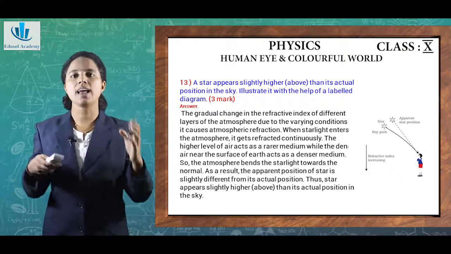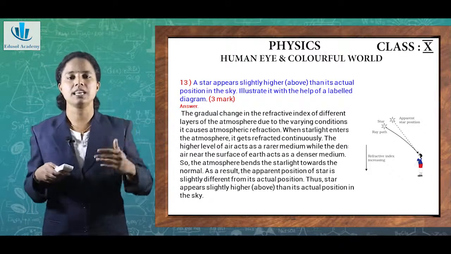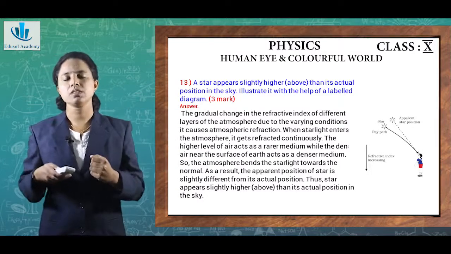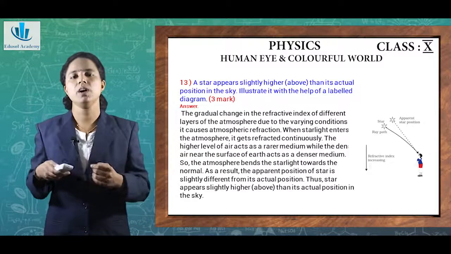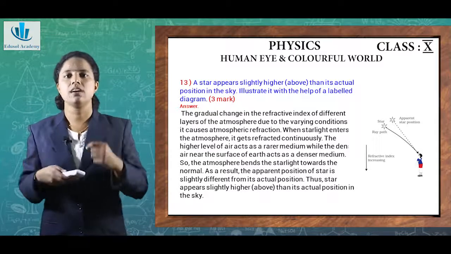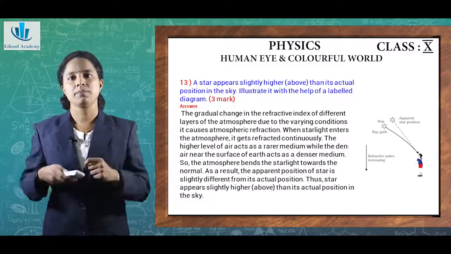So, when starlight enters the atmosphere, it gets refracted continuously as it passes from one layer of atmosphere to the other. The higher level of air will act as a rarer medium while the dense air near the surface of earth acts as a denser medium.